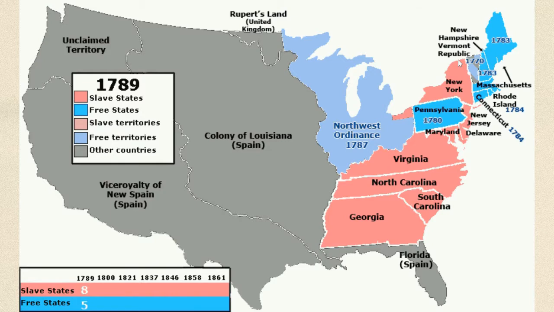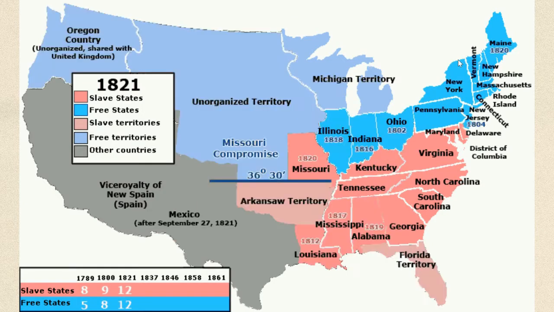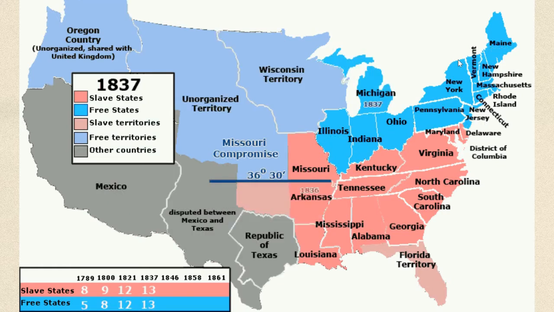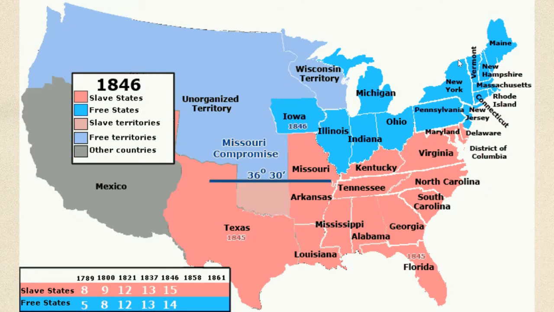But keep in mind, again, this is 1789 to 1861. So you see the growth of slave and free states, and then the movement west of the United States and territories being created. Wisconsin Territory right there.